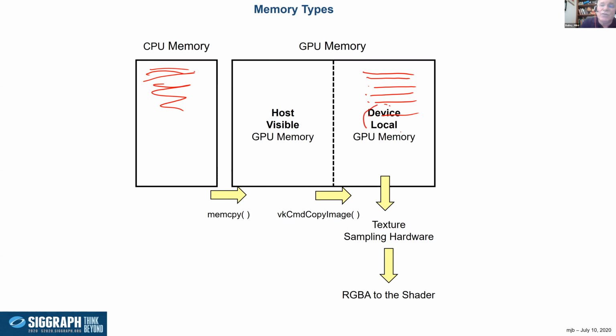And so the texture needs to be in device local memory. In the way is host visible memory. And host visible memory has the property that the host can write to it. The host can see it, the CPU can see it, but it's not where we want the texture to be. And so our process is going to be, we're going to copy the texture, the texels, the colors here, and then we're going to copy them over there. And then everything's good.